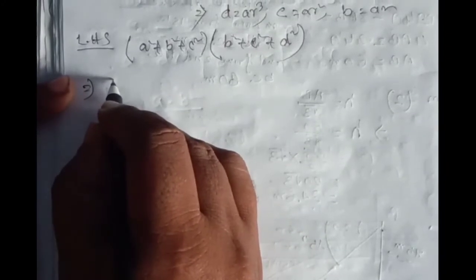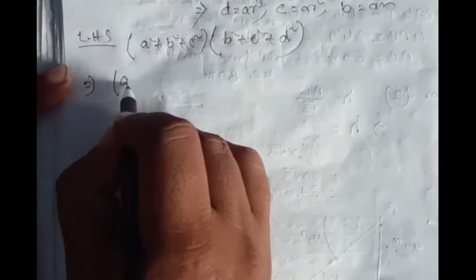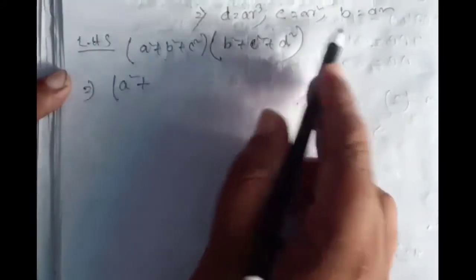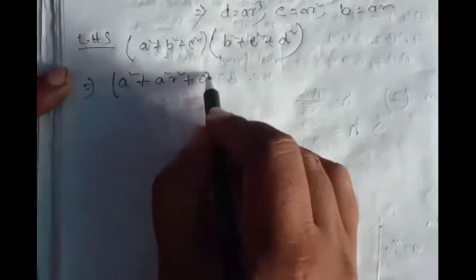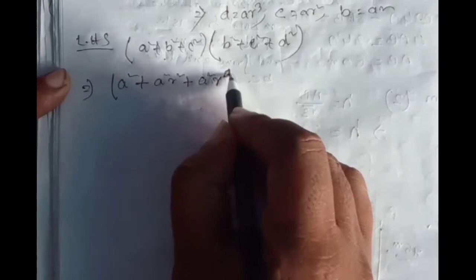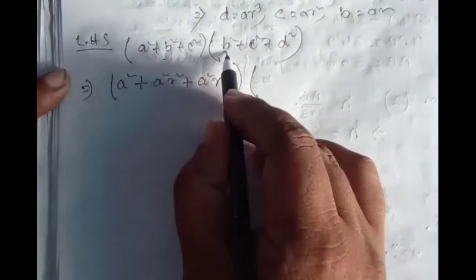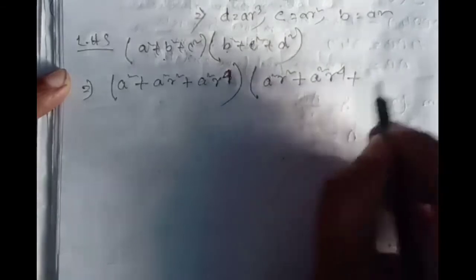Putting the values over here, that is A square plus B square, B means A square R square, plus C square means A square R to the power 4, and B square means A square R square, C square means A square R to the power 4, plus D square means A square R to the power 6.